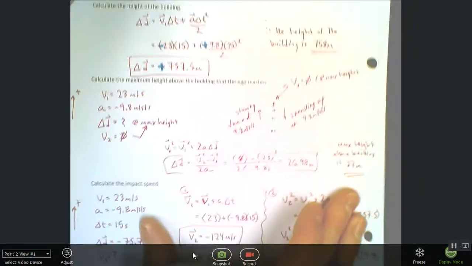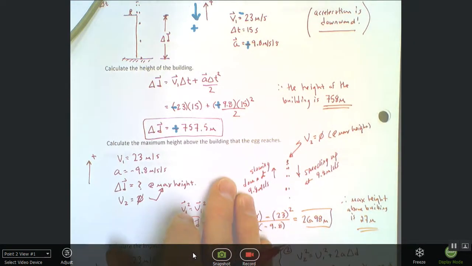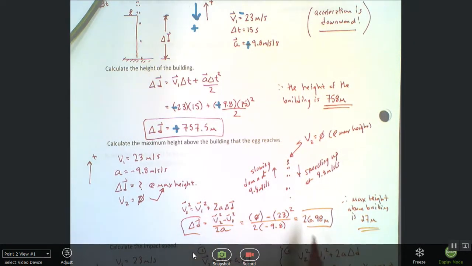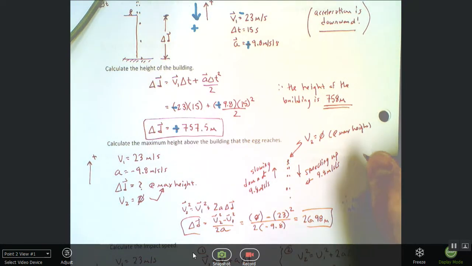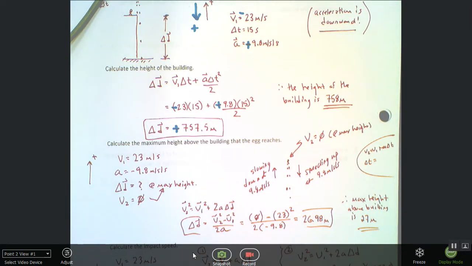Okay, some other things. Calculating the maximum height: when we calculated the maximum height, we could have also found out how much time it took to reach the maximum height. Okay? And we could have done that with a very quick calculation. Now I'm going to do this. Don't write this down, please. You could do V2 equals V1 plus A delta T. Solving for the time to get to the maximum height, we know that V2 is 0.